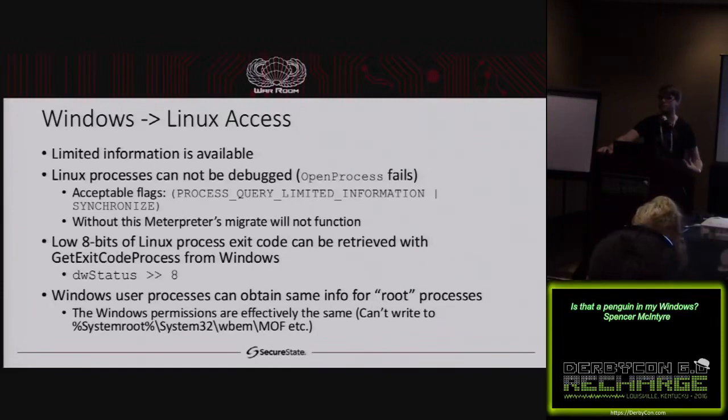So from the Windows environment, you could find a running process, theoretically wait for it to exit, and extract information out of that for you. It's the low 8 bits of the Windows status code, or excuse me, it's the second byte, so you just have to do a bit shift over 8 times, and you can get the exit code from the Linux process.